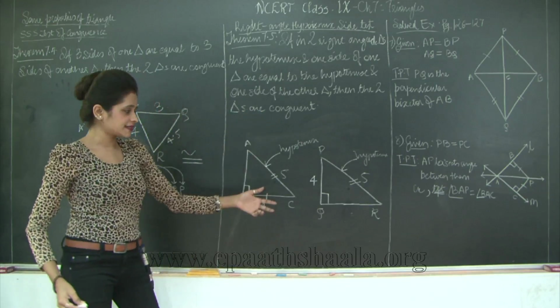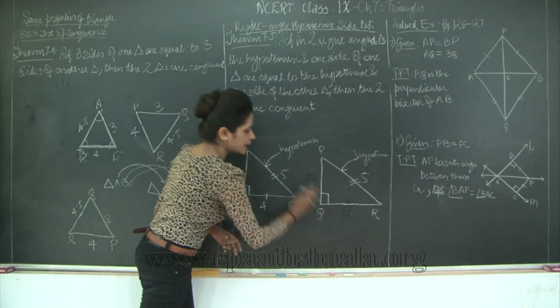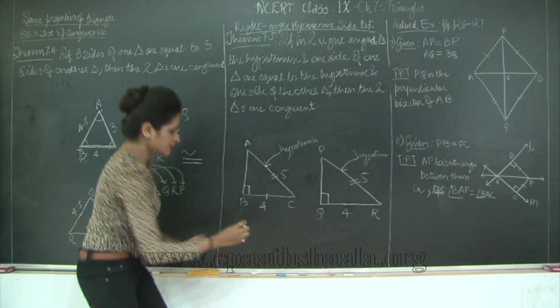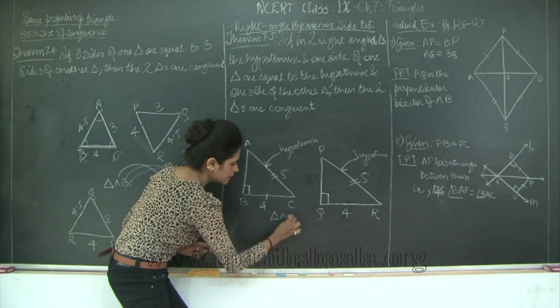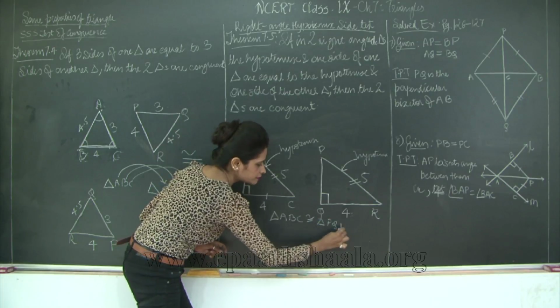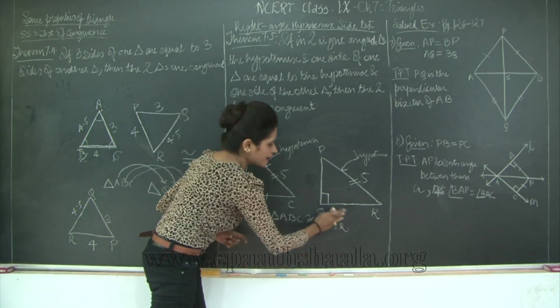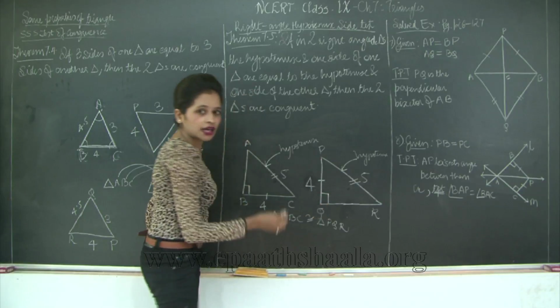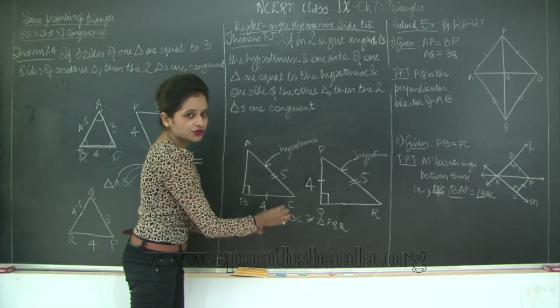In the earlier case when I had this as 4, I had triangle ABC congruent to triangle PQR, right? But if I change this side to 4, only the correspondence will change, but the two triangles will still be congruent.